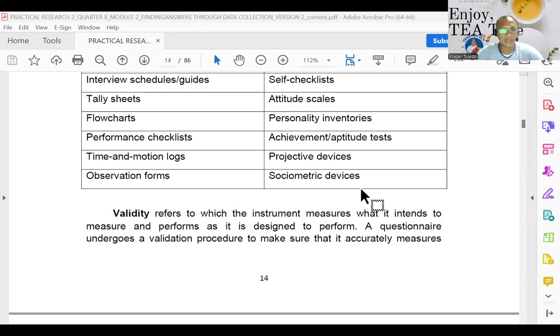Reliability refers to the condition where the measurement process yields consistent results. Reliable means consistent. The technicality is, if others use our instrument, would the results they get in the research be the same? To apply this concept, you need a questionnaire that yields consistent responses over repeated use.